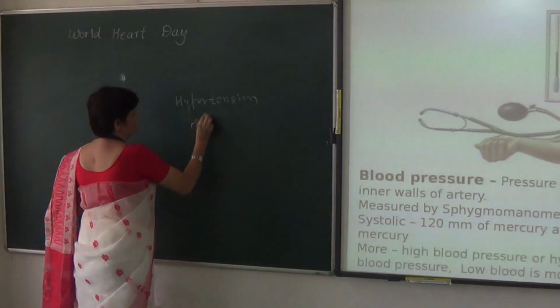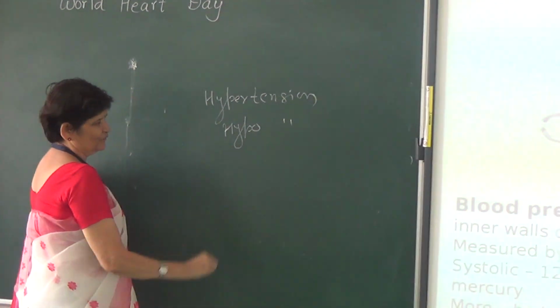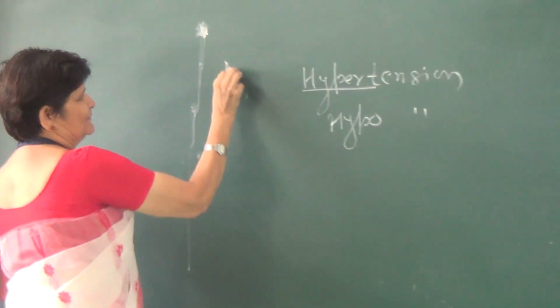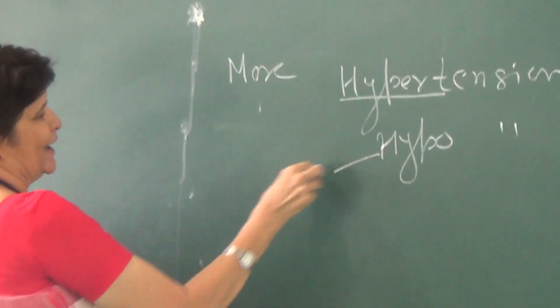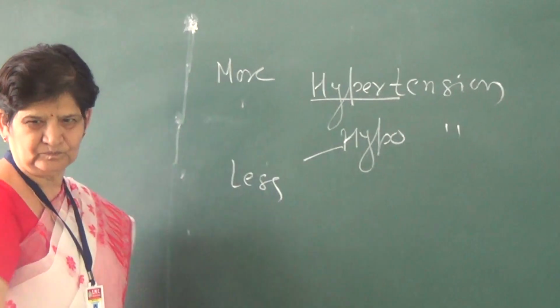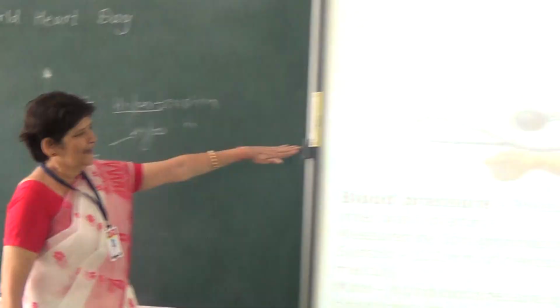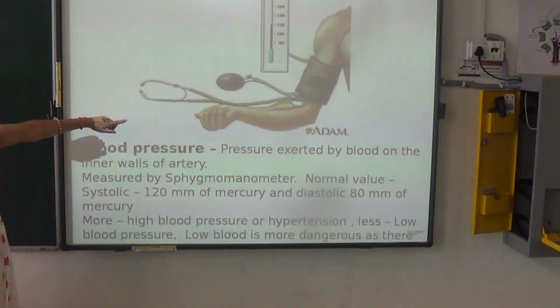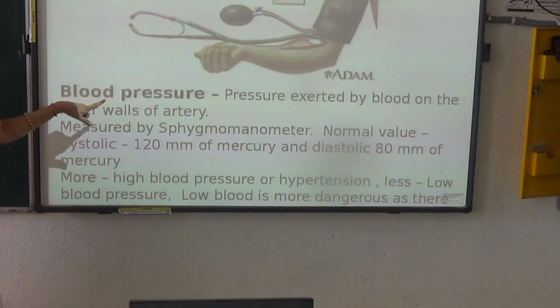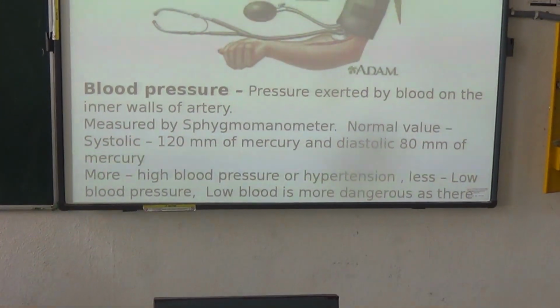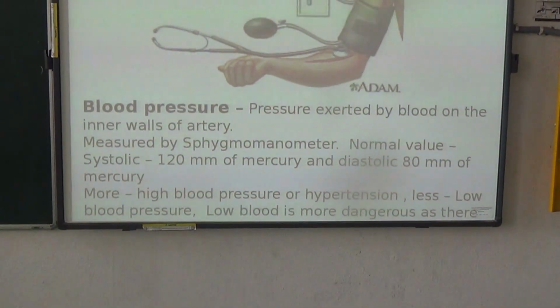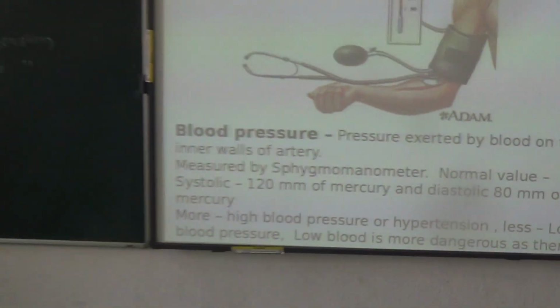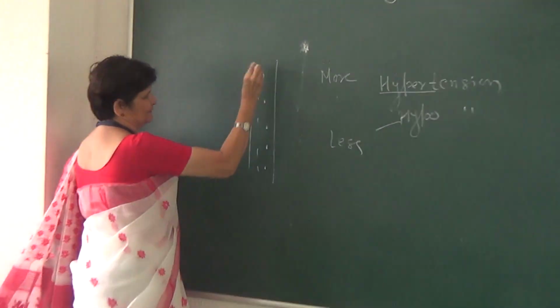And hypertension and hypotension. The word hyper, that is more, hypo, that is less. Here you can see the pressure exerted by blood on the inner walls of the artery is called blood pressure. This is the artery. In this the blood is flowing.